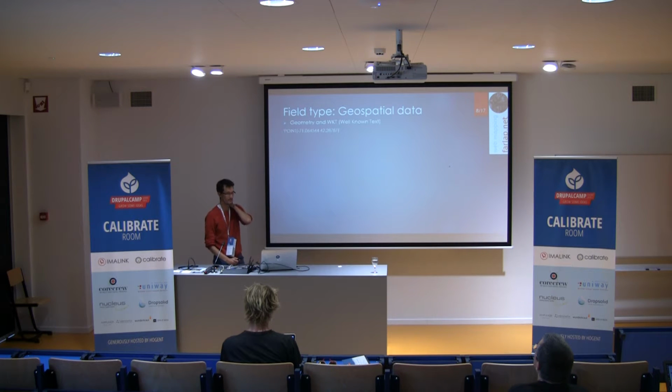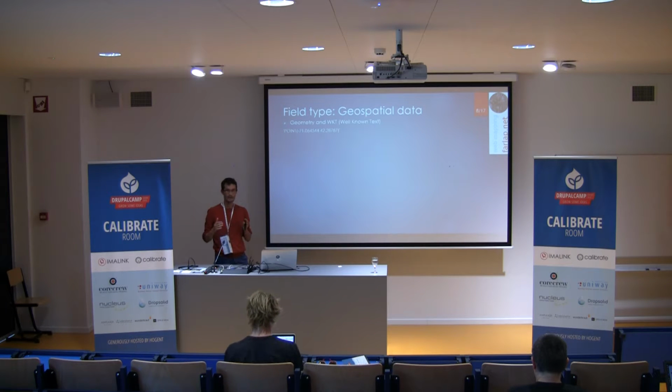more into the code that is making Cartaro. So we have that field type, geospatial data. And the module that is providing that field type is the PostGIS module. It is an independent module, but it belongs to the Cartaro distribution.